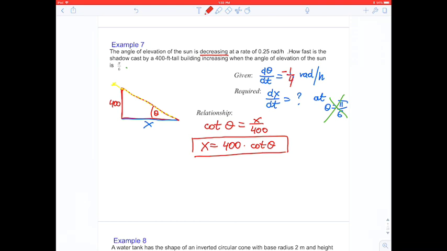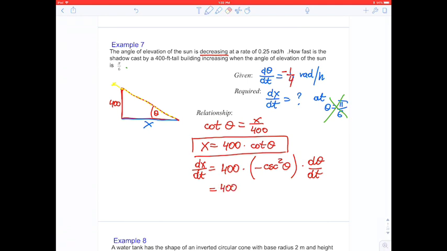Now I can differentiate. Derivative of x is dx dt, because x changes with respect to time. Copy a constant 400. Derivative of cotangent is negative cosecant squared theta times the derivative of theta, d theta dt. Okay, now I can substitute everything.